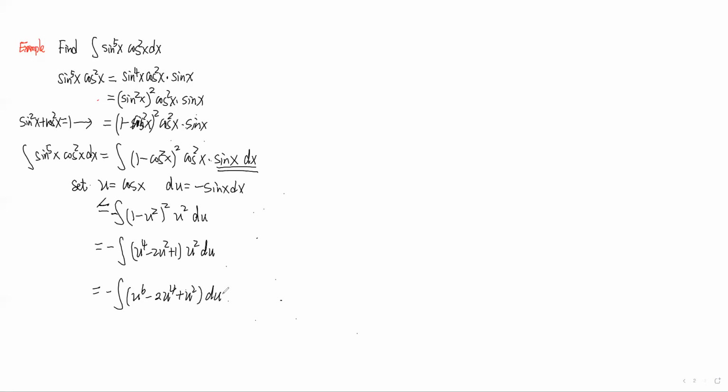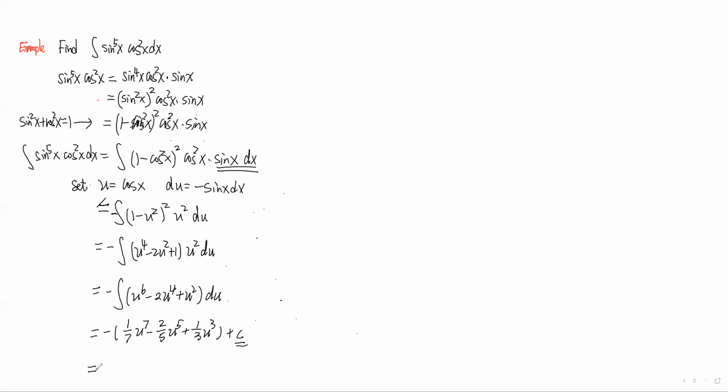And then the antiderivative, don't forget the negative sign here. Okay, that's very important. So this is 1/7 u to the power 7 minus 2/5 u to the power 5 plus 1/3 u to the power 3 plus the constant c. Like what I said, don't forget the c here.